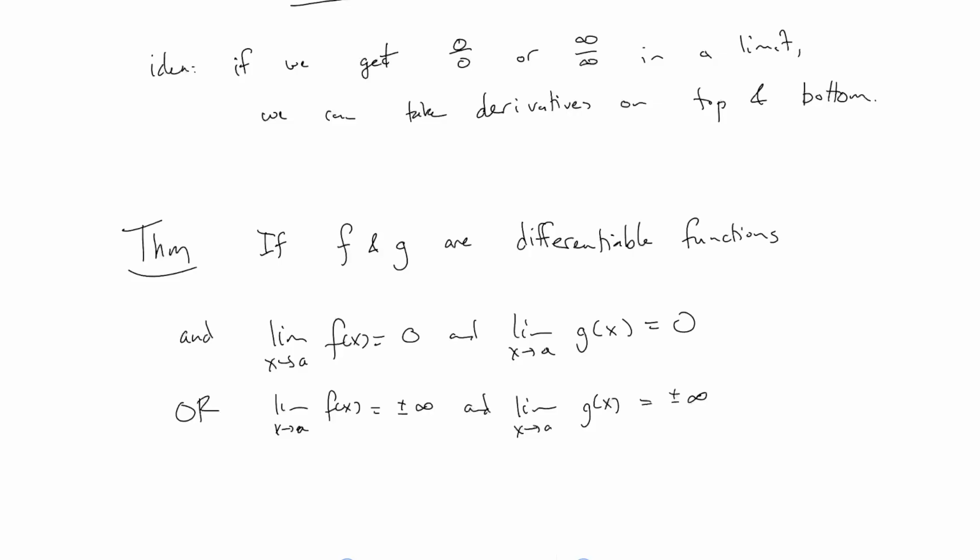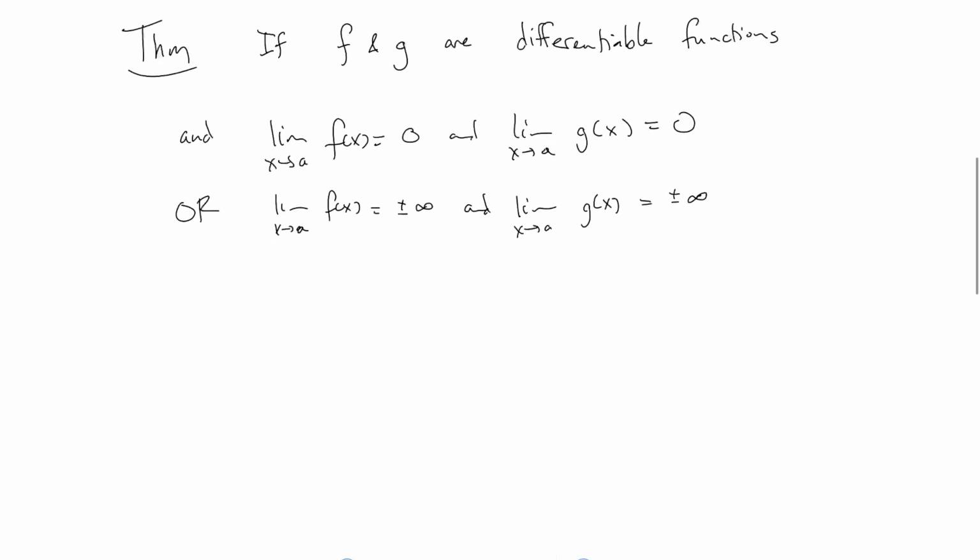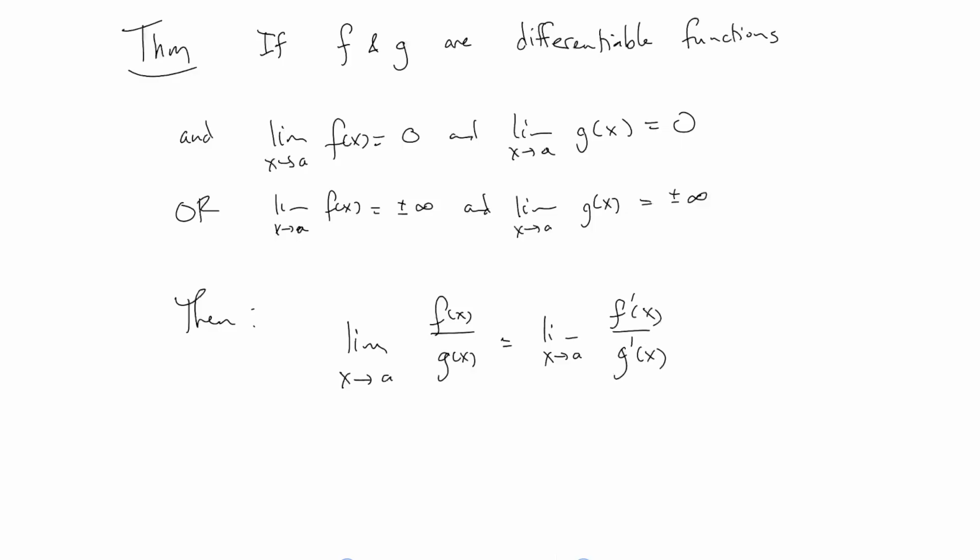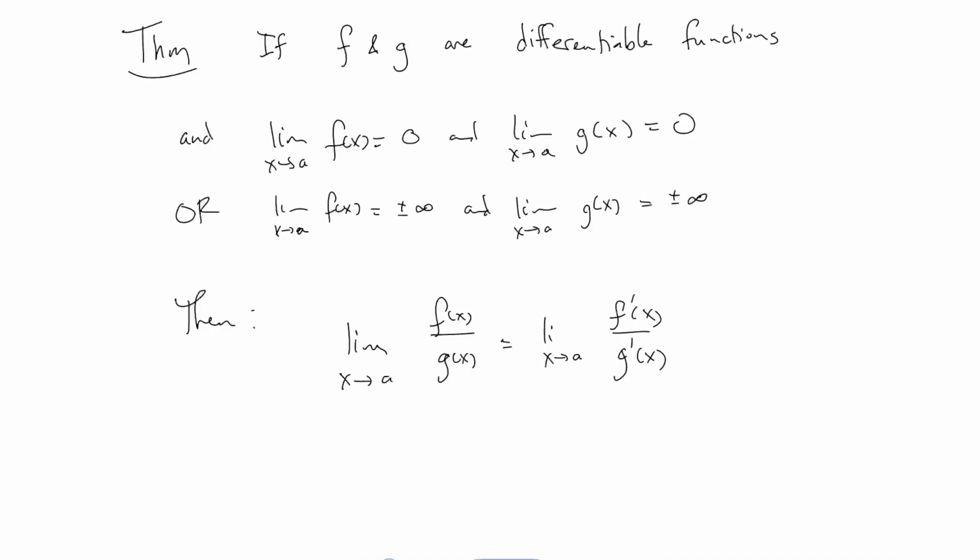If, when you plug the number in, you either get 0 on the top and the bottom, or you get infinity on the top and the bottom, then, and here's the rule, the limit as x goes to a of f of x over g of x is the same as the limit as x goes to a of f prime of x over g prime of x. This is the formula for L'Hopital's rule. It just says taking the limit of the fraction is the same as the limit of the fraction using the derivatives.